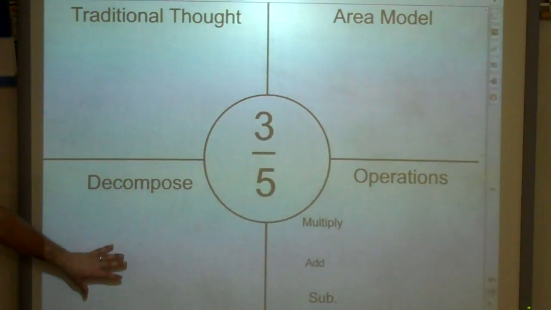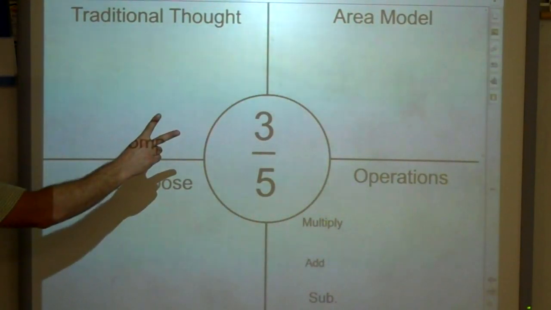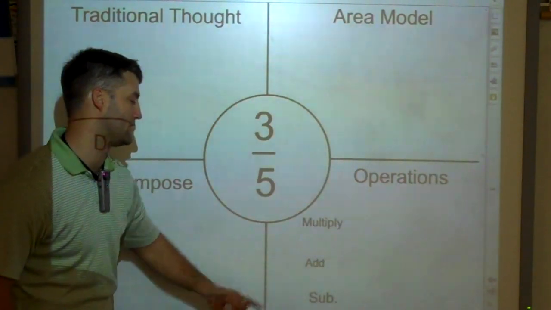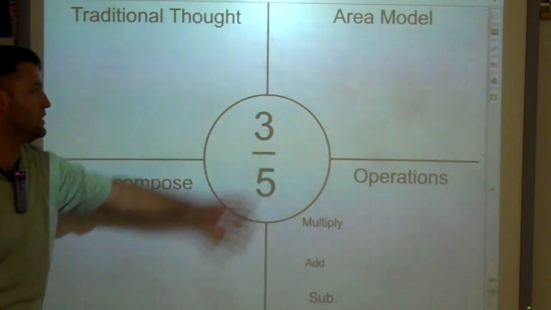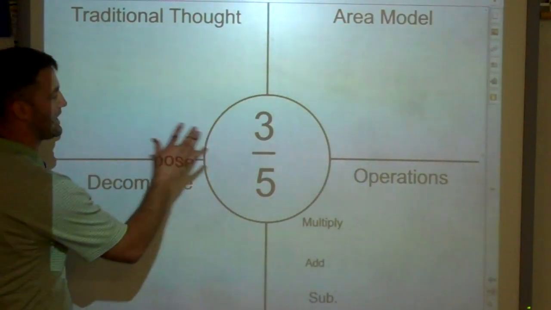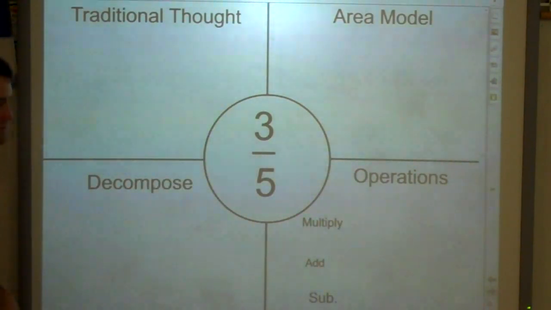You need to decompose it at least 2 ways. And now I'd like for you to show us the operations, multiplication, addition, and subtraction to get our fraction of 3/5. Do not forget that you must find your unit fraction first.